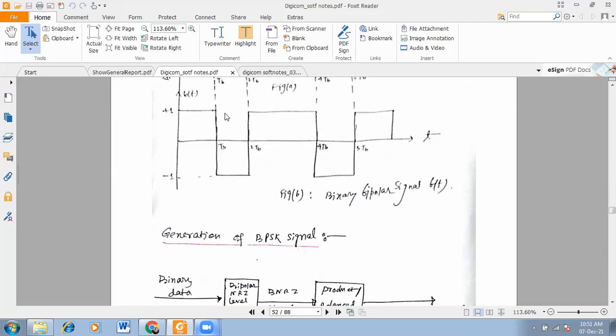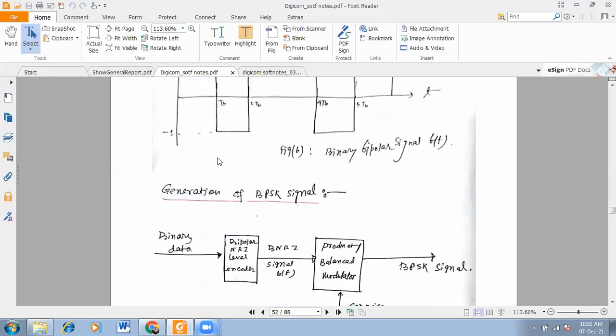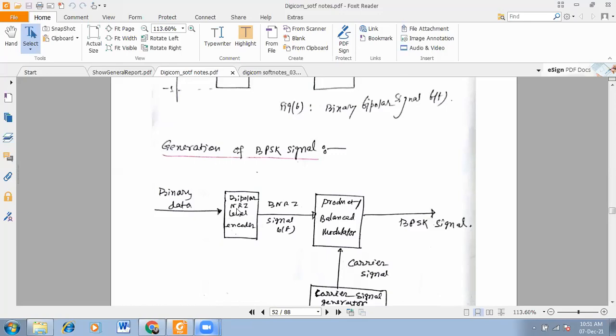And it's non-return to zero, because it's not returning to zero by completing the bit duration. So this is a converter, and after that we get the polar NRZ signal BT.